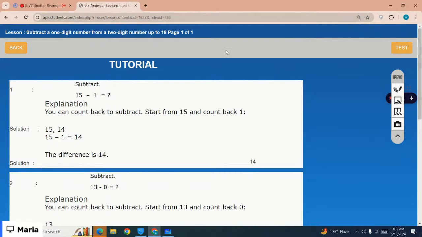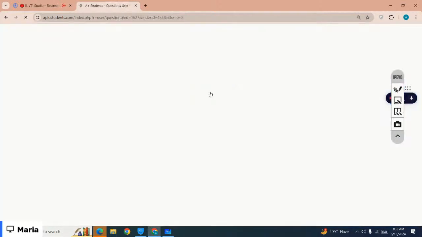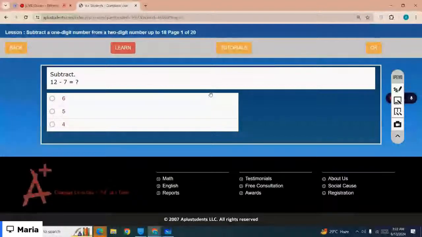Whatever method you find easy for you to subtract, you can follow that method, right? 12 take away 7 is 5.